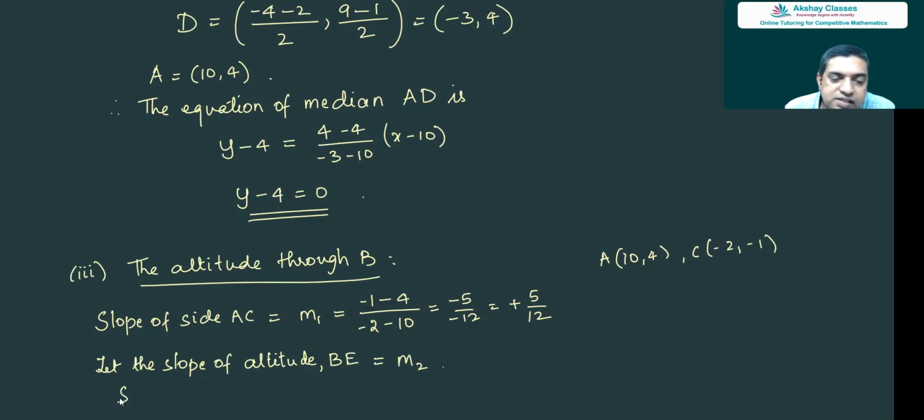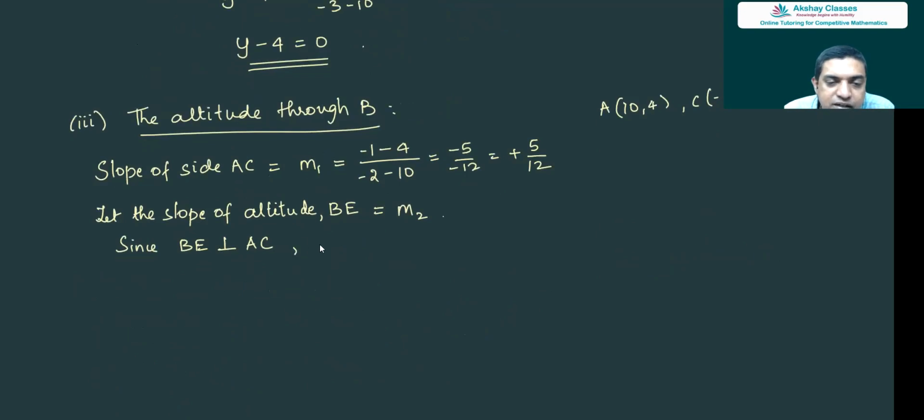Since BE is perpendicular to AC, M1 M2 is equal to -1. Therefore, M2 will be -1 upon M1. That is -1 upon 5 upon 12. So this is -12 upon 5.